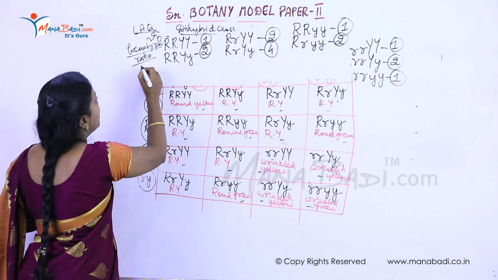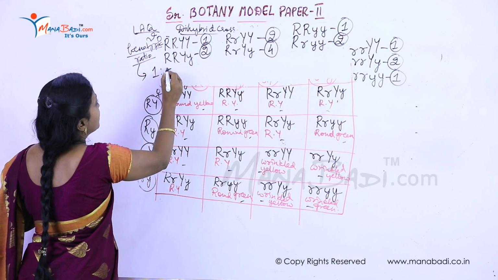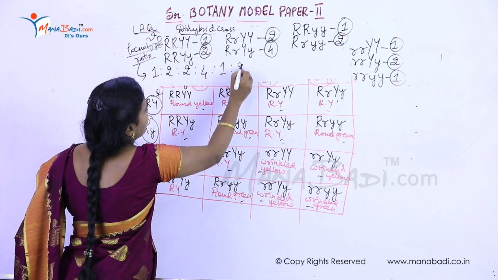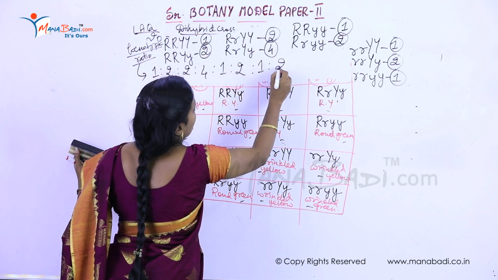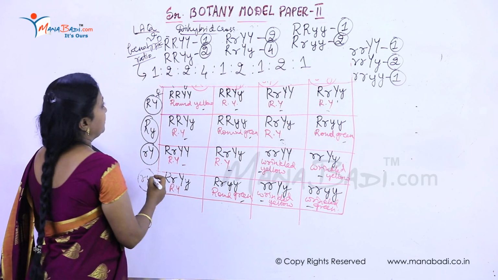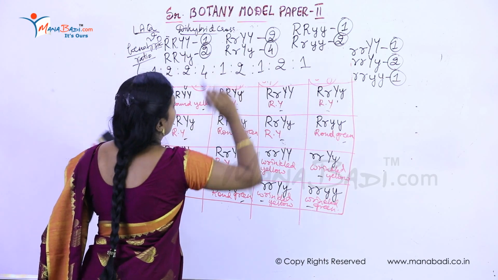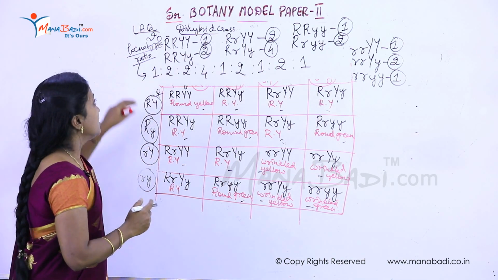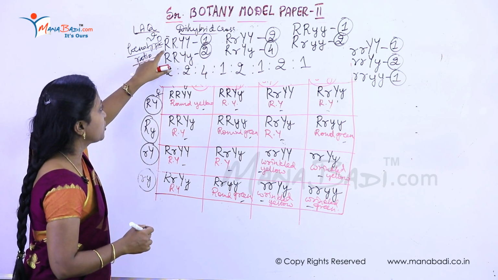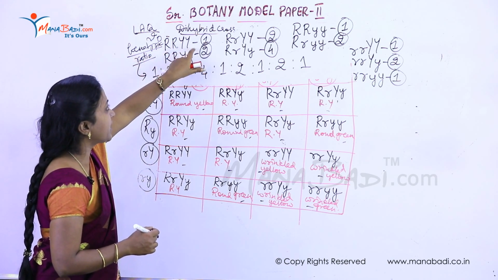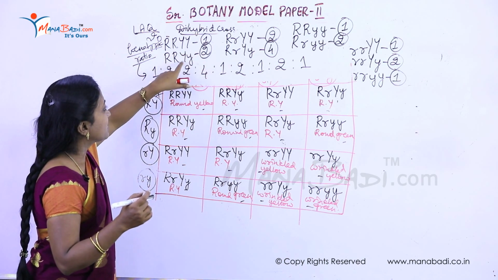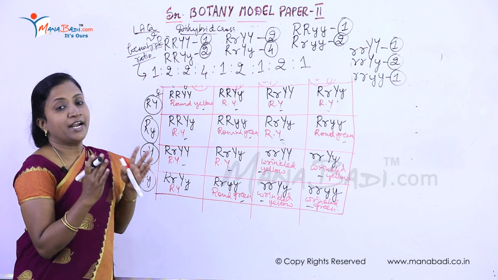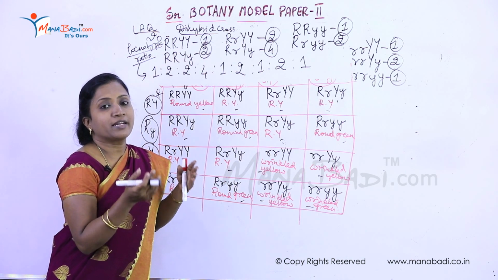The genotypic ratio is like this: 1:2:2:4:1:2:1:2:1. So this is the genotypic ratio. So here the genotypic ratio shows capital R, capital Y, only 1 genotype. These are the 2 genotypes. So this is the end of the genotypic ratio.